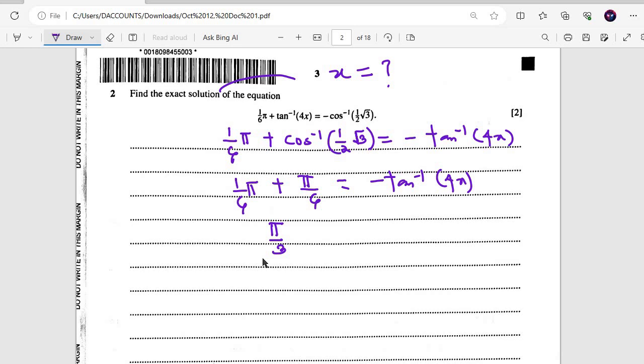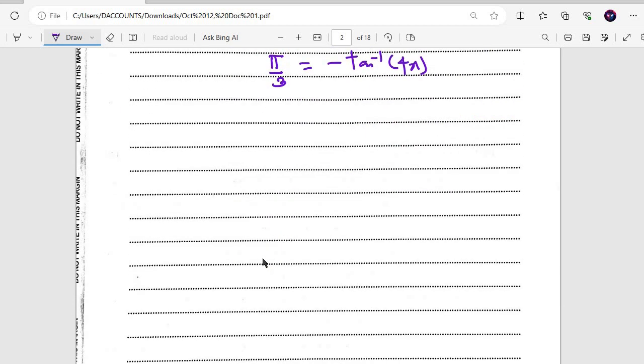So negative arctan 4x equals pi over 3. If you have something like arctan theta equal to f, it means theta is tan f. The same thing here: minus arctan 4x equal to pi over 3.